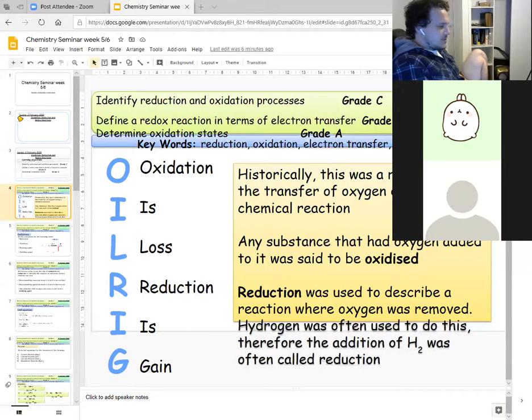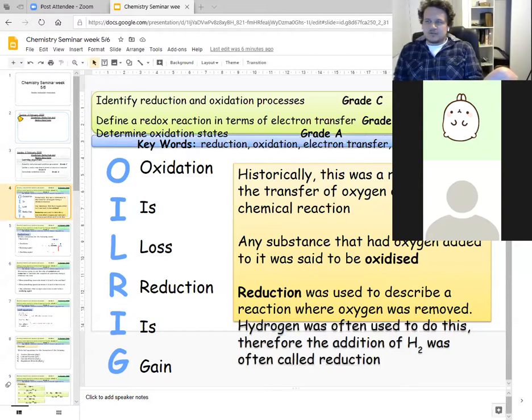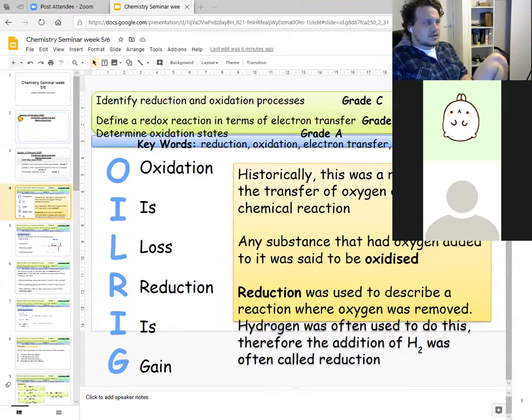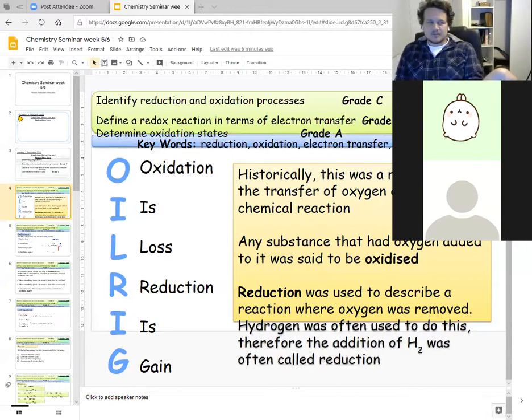So, this is where lots of people get tripped up. Oxidation is the loss of electrons. You might have heard of the term oxidation when they're talking about rust. So when things start to rust, they begin to lose electrons, they begin to oxidize.